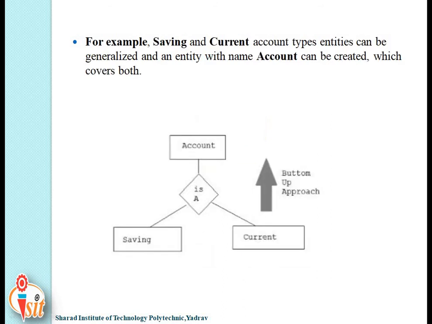Take another example. Saving and current account type entities can be generalized and an entity with the name account can be created which covers both. Here also we use the bottom-up approach. It means the journey starts from the bottom to the top.